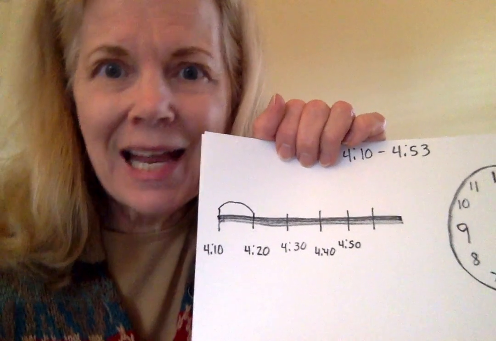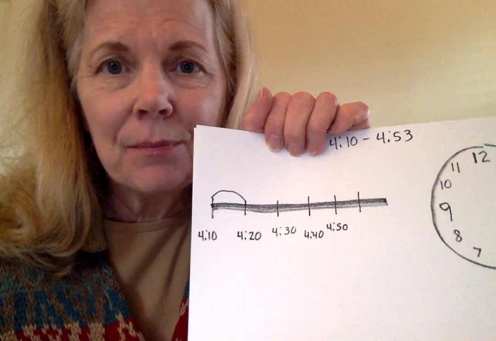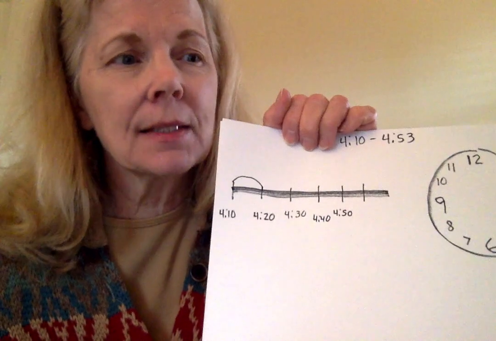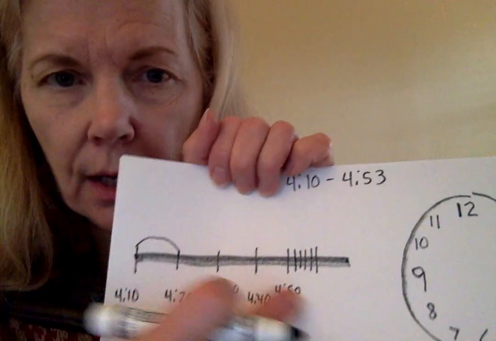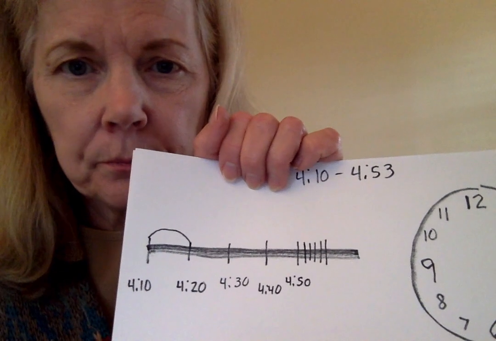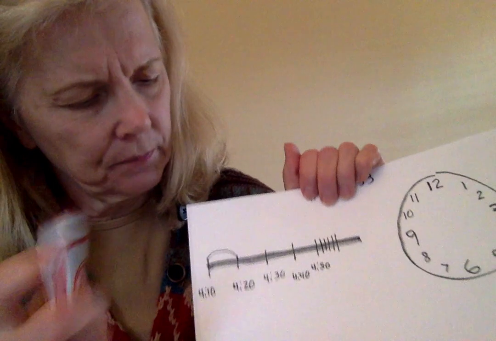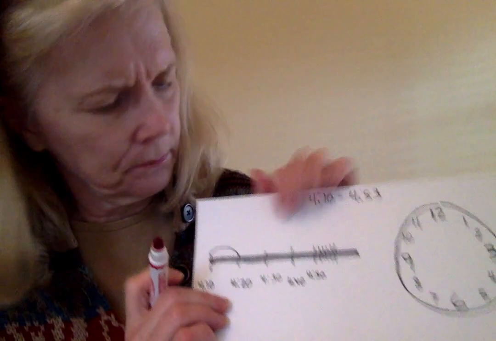I'm at 4:50, and I can't go 10 more because now it's 53. So I'm going to add some minutes. 51, 52, 53. Okay. So do you see how I added just minutes here? Now I'm going to count my time until I get to 4:53, starting at 4:10.